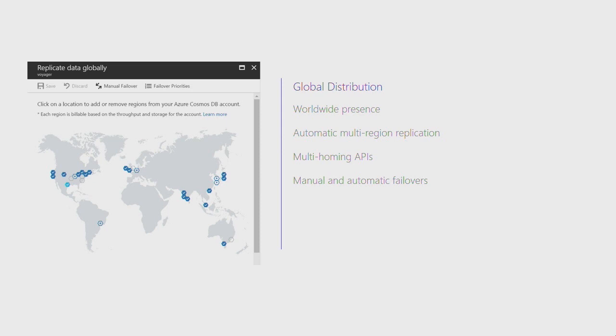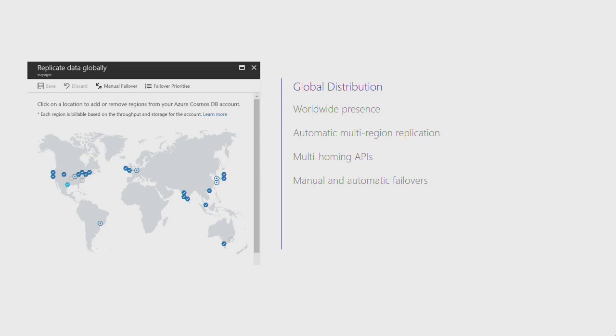Cosmos DB actually takes this one step further. If you have a global user base, let's say users from North America to Europe to Asia, we can actually solve the speed of light problem. The speed of light problem is that shipping a packet across continents or around the world typically takes 100 millisecond latency or a couple hundred millisecond latency.